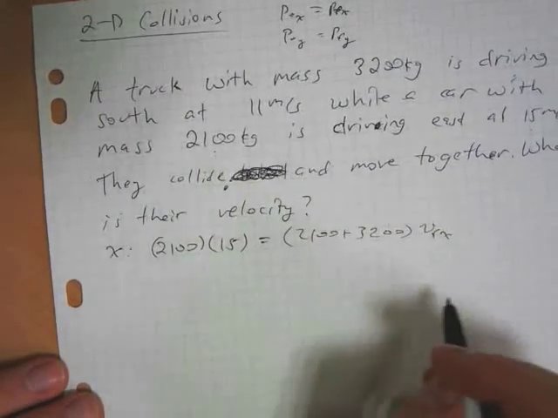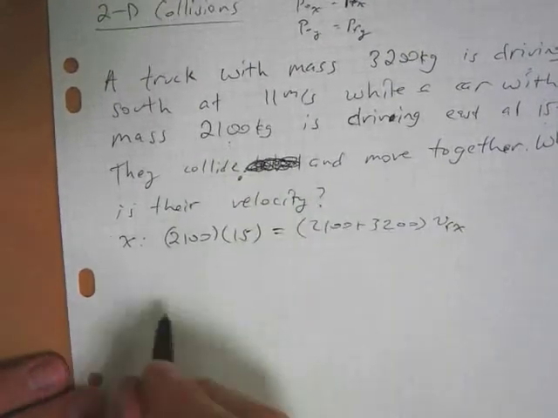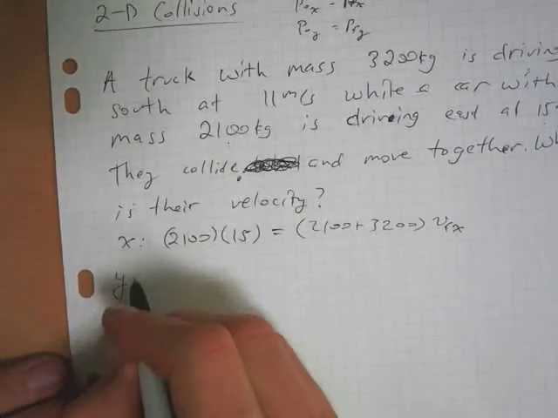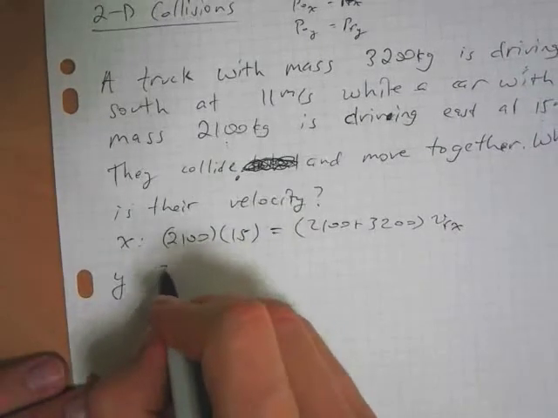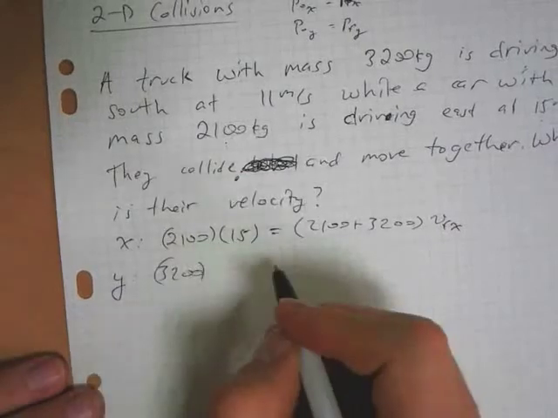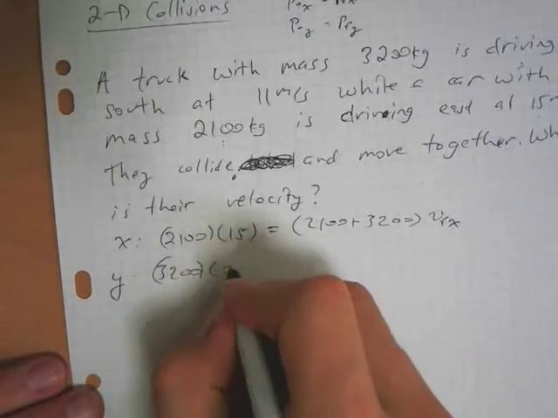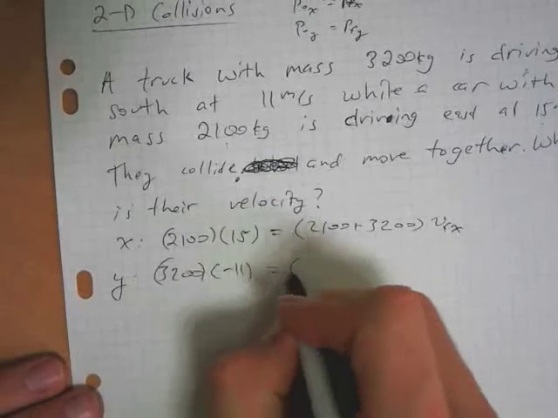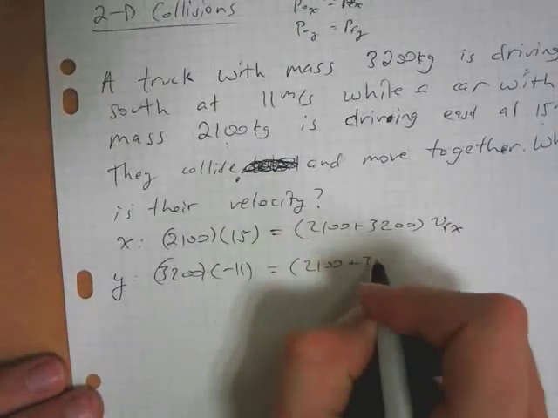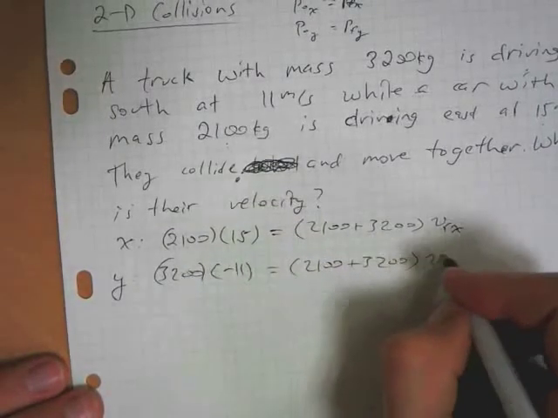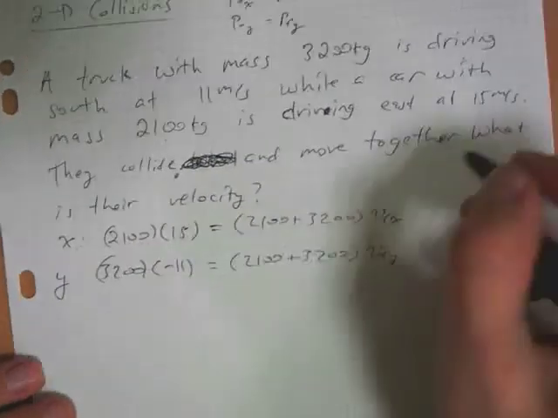So that's our conservation of momentum equation in the x direction. In the y direction, initially we only have the truck. The car is moving due east, so it has no y momentum. The truck is moving south at 11, so we do a minus 11, and that's equal to the combined mass times their final velocity in the y direction.